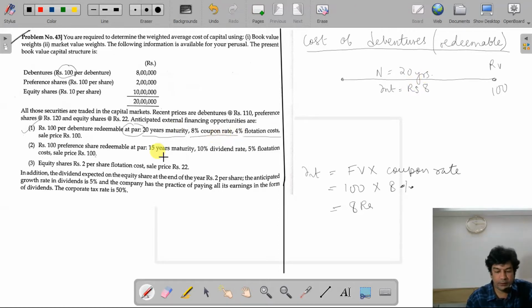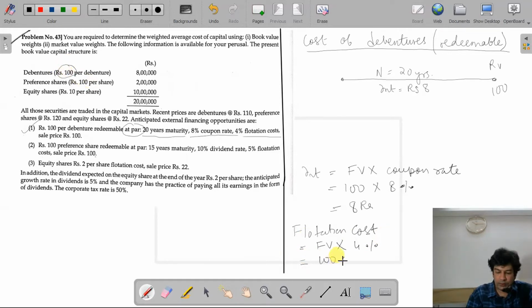Then 4% is the flotation cost. I have told you all that the flotation cost, the CA Institute is taking on the face value. So I will also be taking it on the face value. So face value into how much is the flotation cost, 4%. And we have the face value which is 100.